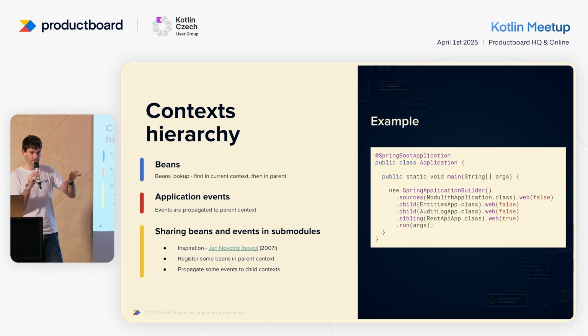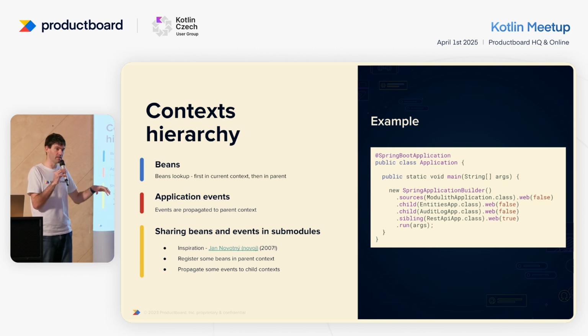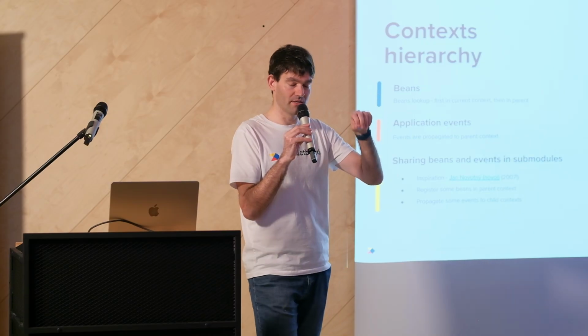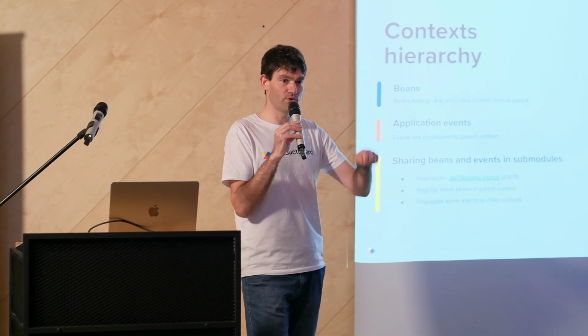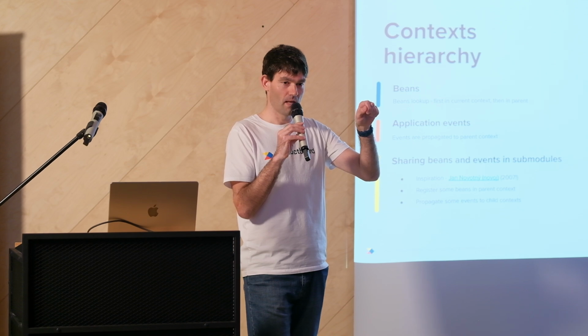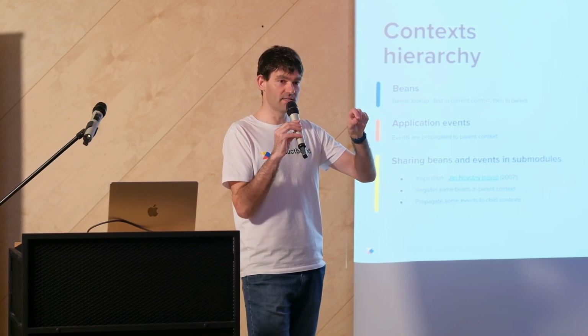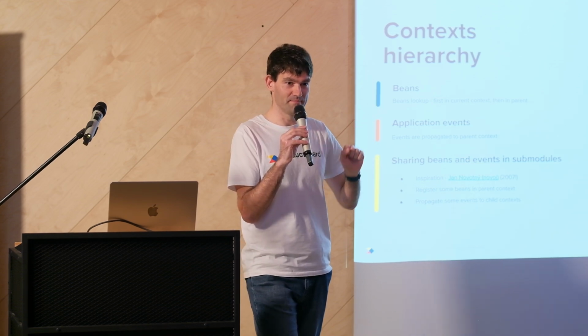And what is interesting is how beans and events are propagated through these contexts. When you send an event from your submodule or from your child context, it's propagated to your parent. And a child context sees beans from the parent.